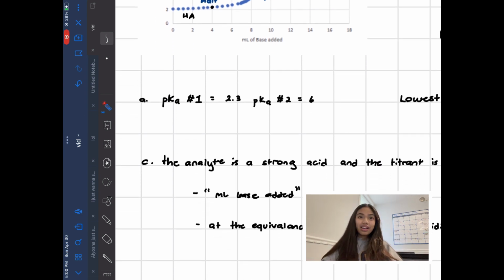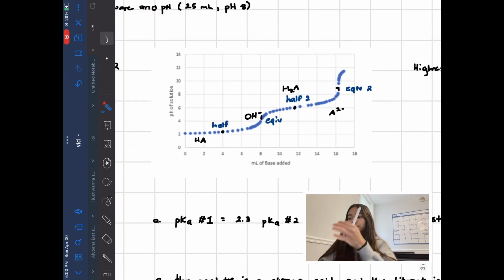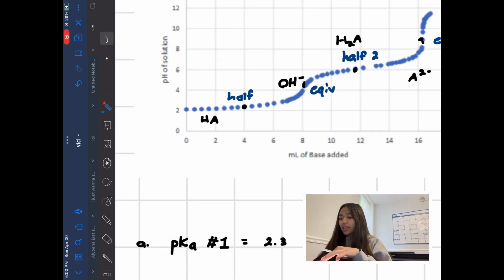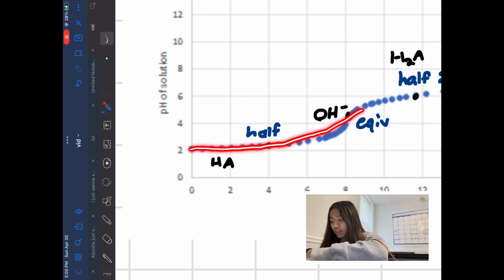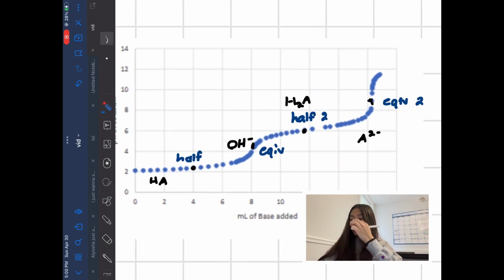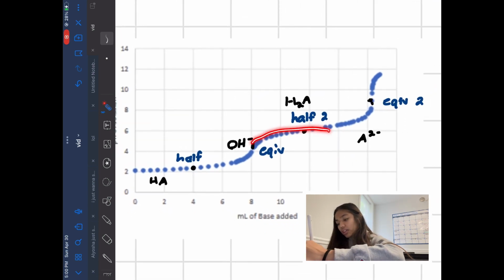It asks us to identify the analyte and the titrant as a strong or weak acid or base. Explain how you identified them. So, it says milliliters of base added, which means base is titrating acid. And we can see it is a very weak base because it stays low after the entire graph is made, at least to the first equivalence point.